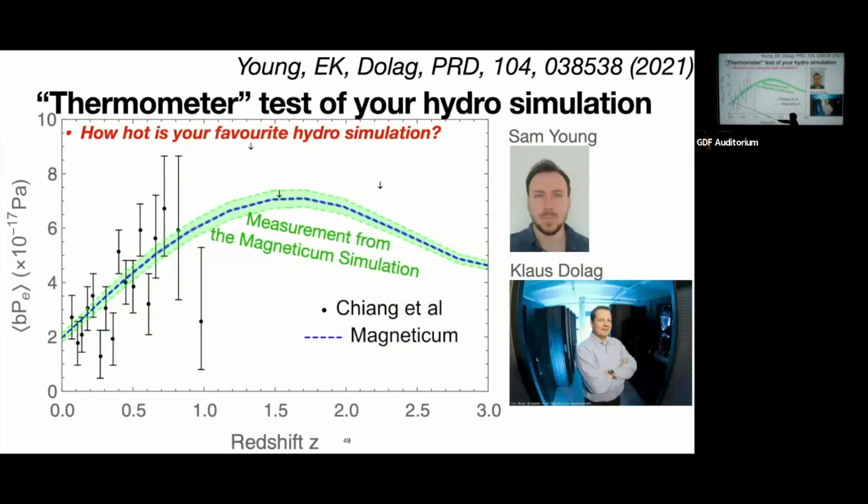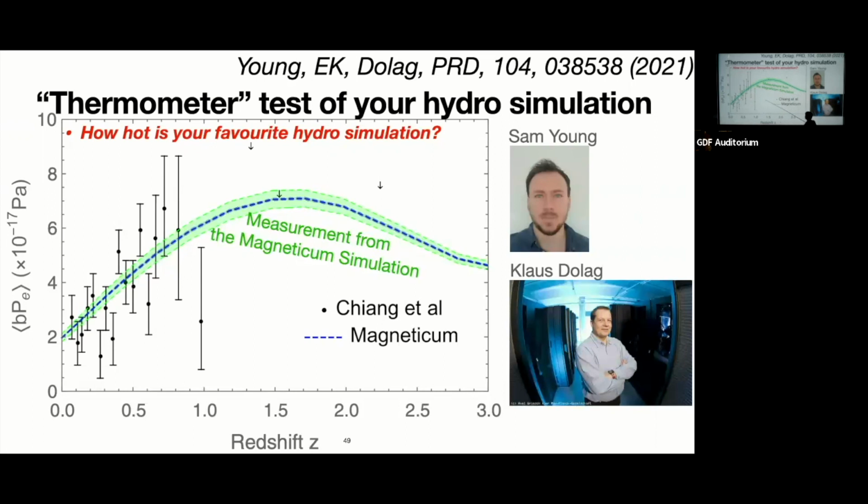It agrees quite well, actually remarkably well, because this particular simulation was never tuned to reproduce any of these measurements, right? So it's nice. But then here, our results are only an upper bound. If you use a different hydrodynamical cosmological simulation, like Illustris, they agree here.